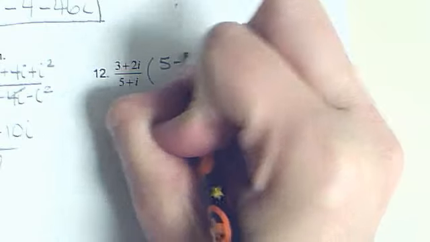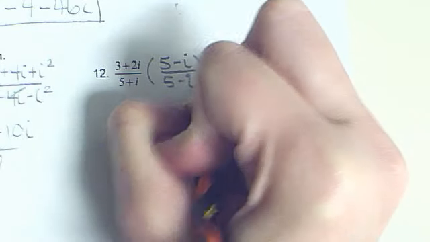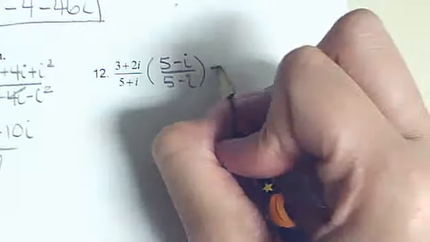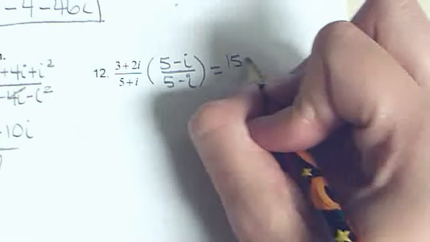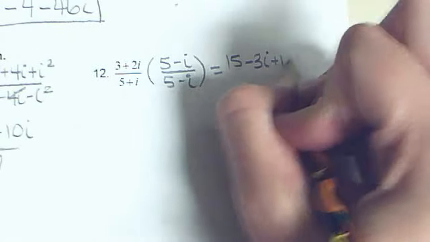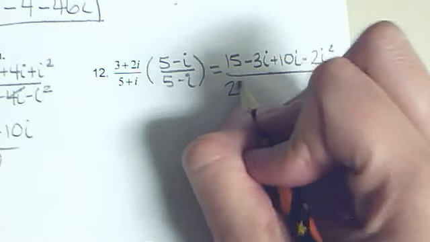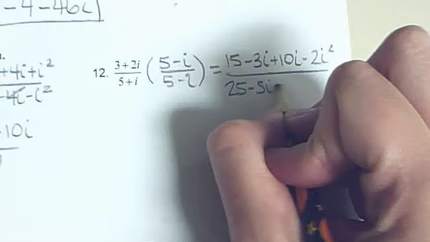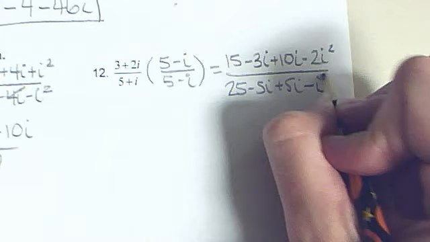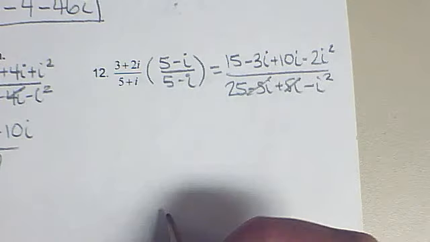The complex conjugate would be 5 minus i over 5 minus i. If I begin to distribute, I've got 15 minus 3i plus 10i minus 2i squared over 25 minus 5i plus 5i minus i squared. The bottom middles will cancel.